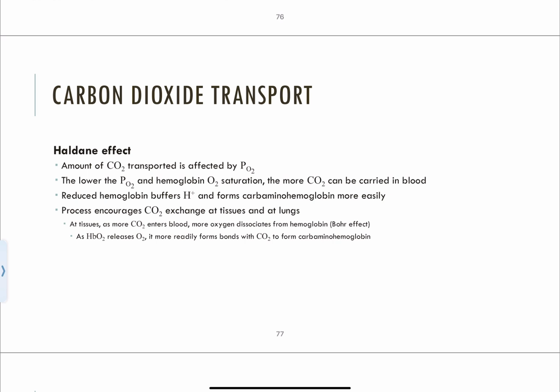The less oxygen we have bound to hemoglobin means the more carbon dioxide the hemoglobin can actually carry. This effect is referred to as the Haldane effect. It reflects the greater ability of reduced hemoglobin to form carbaminohemoglobin and to buffer the hydrogen ions by combining with them.